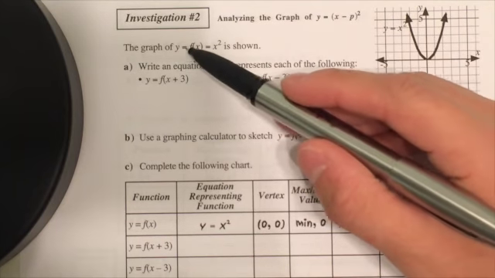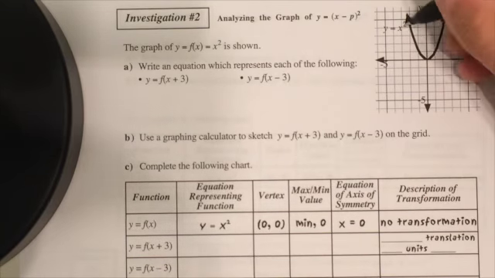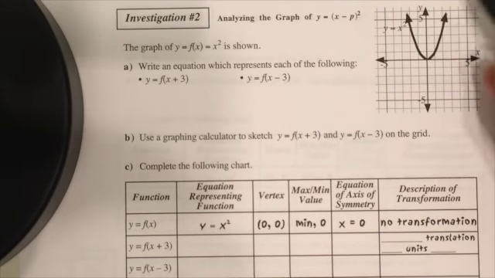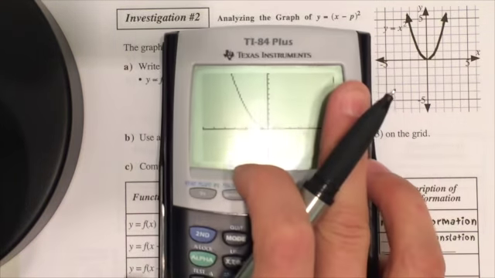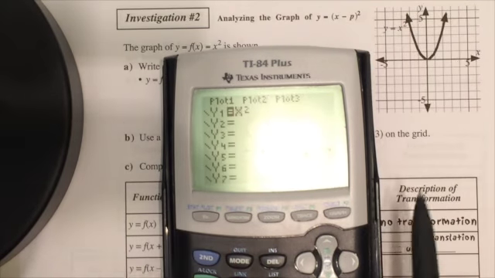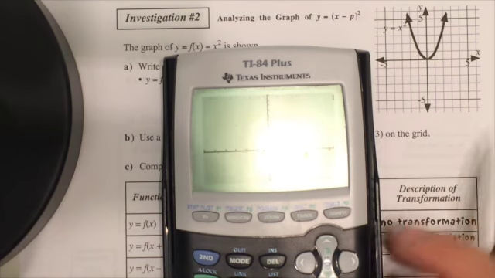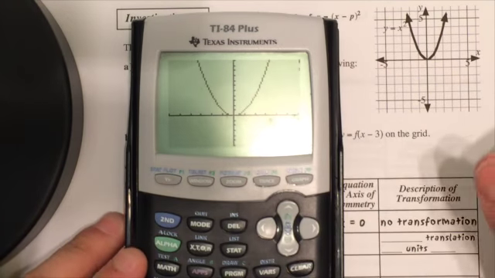The graph of y equal to f of x, which is equal to x squared, is shown. So you know that this is y equals x squared. If we were to graph this in our calculators, which I have done here, it takes on the exact same form. One way you could think of this is if we put this in brackets and say that's x squared, it's going to take the exact same form.